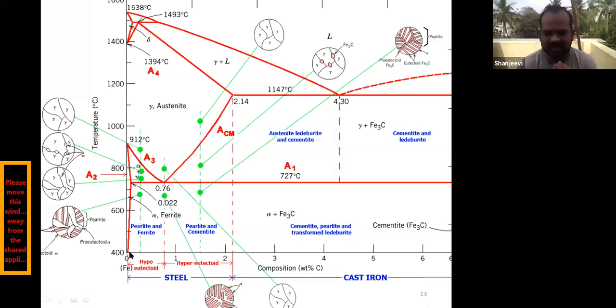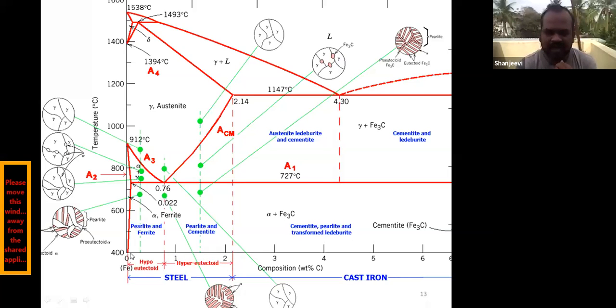If I point to this particular point, it is a very low percentage, say point something percent carbon. It is a very soft material because iron is a much softer material. When you add carbon, it gains hardness. So 0.2, 0.5, 0.8, 1, 1.5, 2.